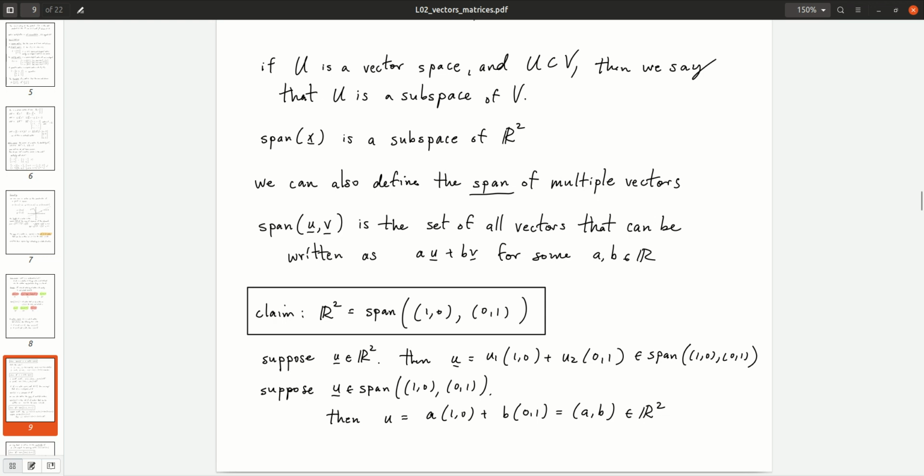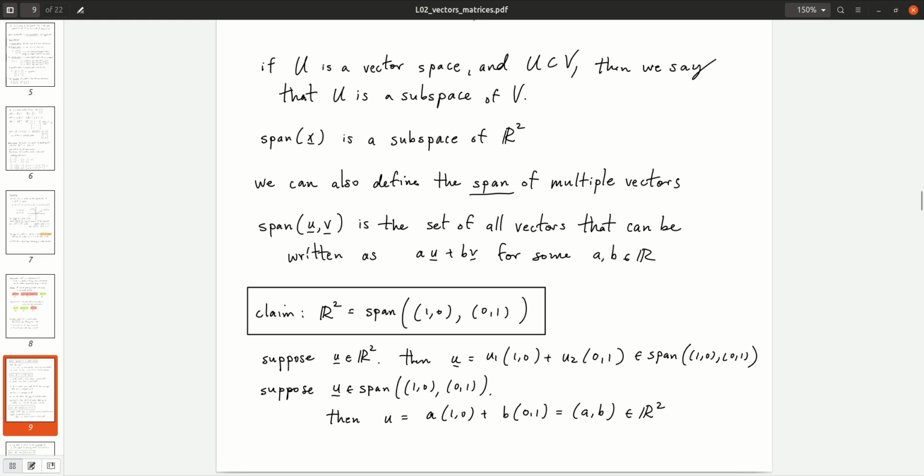So this thing, (u1, u2), is equal to this thing on the right. And it's clear from looking at this that this is a member of the span of (1, 0), (0, 1), because we can write u as a scalar times (1, 0) plus some other scalar times (0, 1). So the first part of the proof is done.